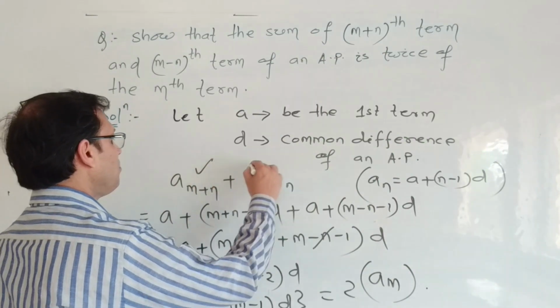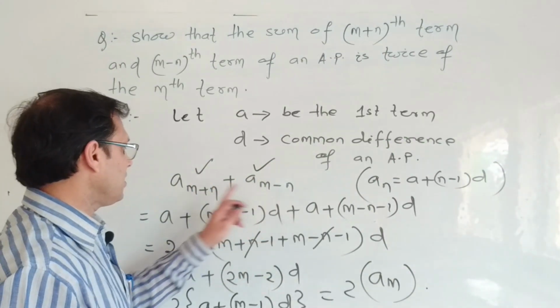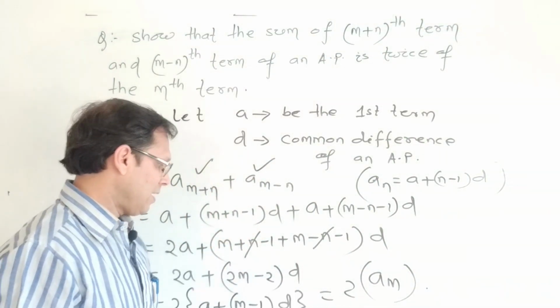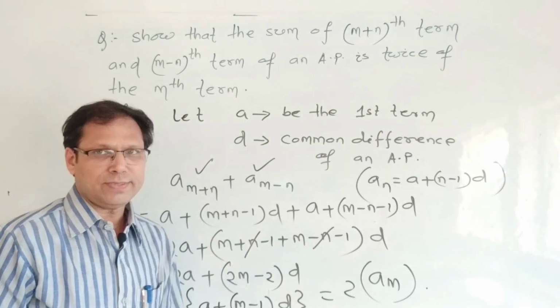So the sum of the m plus nth and m minus nth term is equal to twice the mth term. Okay, so make it a note.